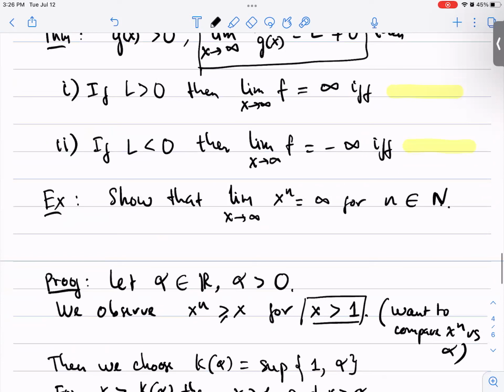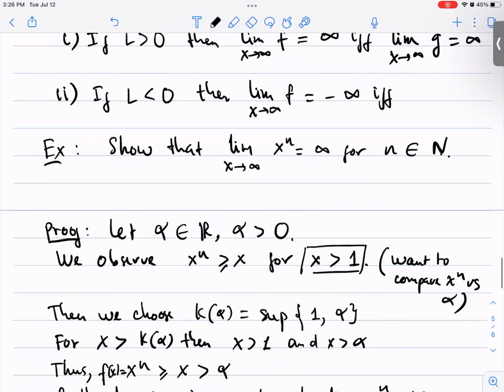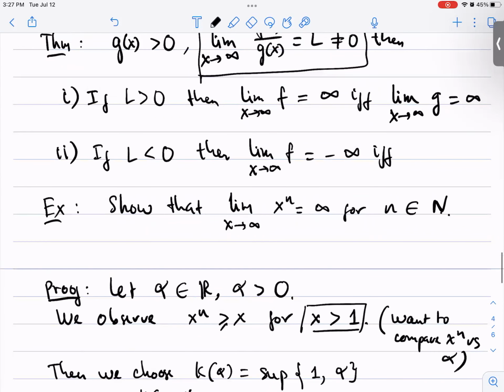First, if L is bigger than 0, then the limit of f equals plus infinity if and only if the limit of the function g equals plus infinity. Similarly, if L is smaller than 0, then the limit of the function f equals minus infinity if and only if the limit of g equals plus infinity.